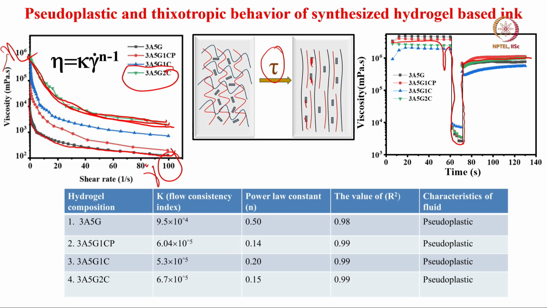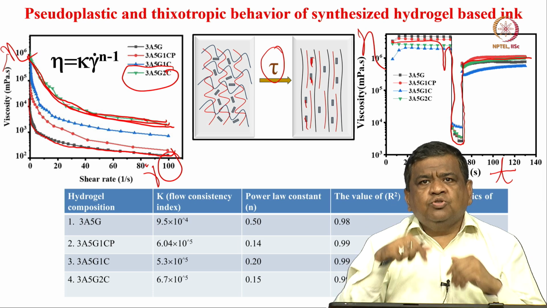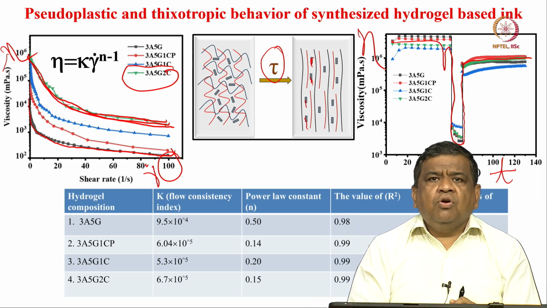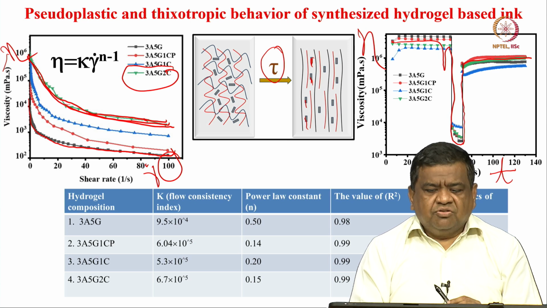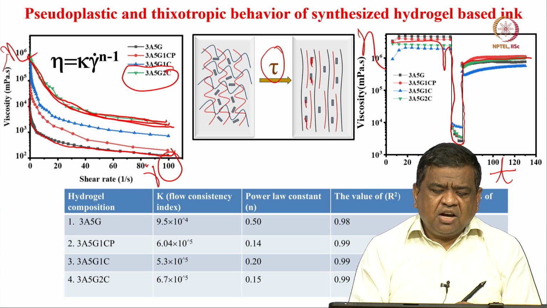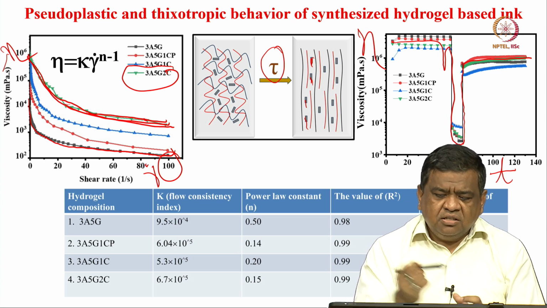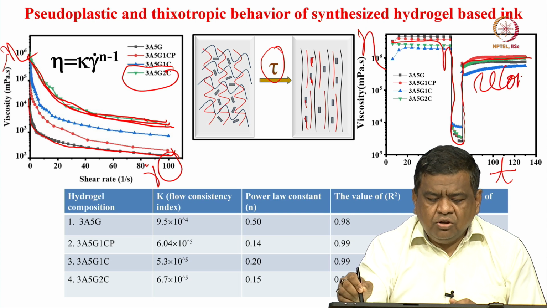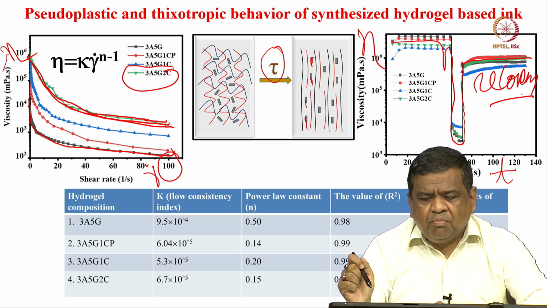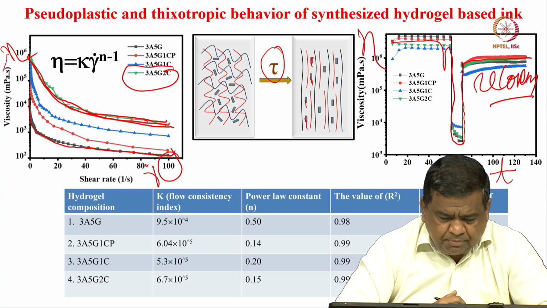This is the typical thixotropic behavior, where viscosity decreases and goes through a dip transition before the structure recovers. This recovery of the structure is very important for this kind of hydrogel.